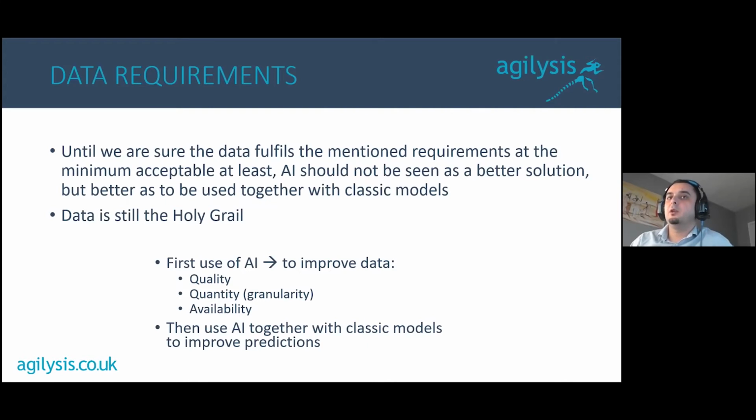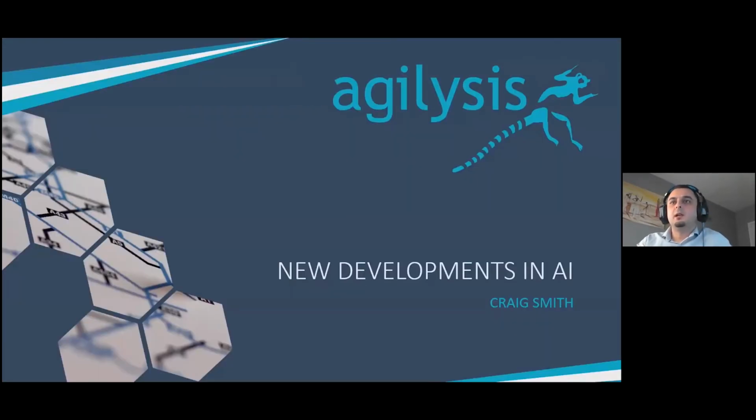So data is still the holy grail. And we think the first use of AI should come to improve the data quality, quantity, and availability. Once we have those better, we can start using AI together with classic models to improve predictions. And Craig will explain about developments in this area.